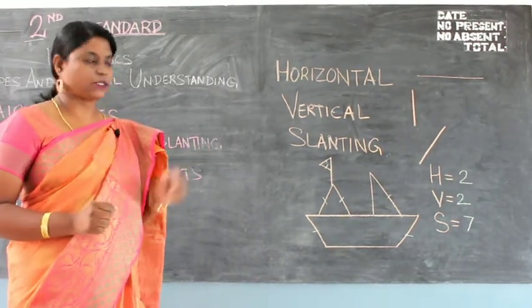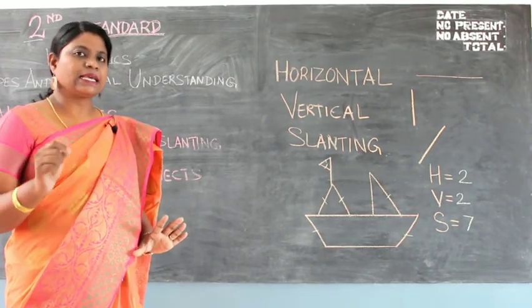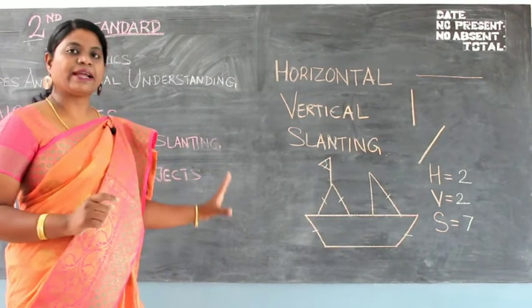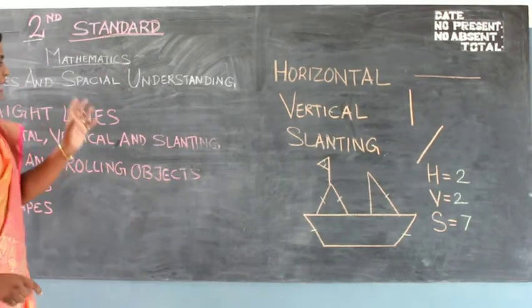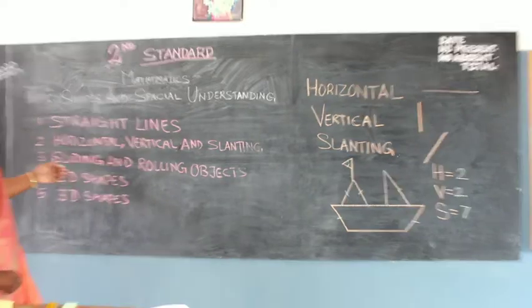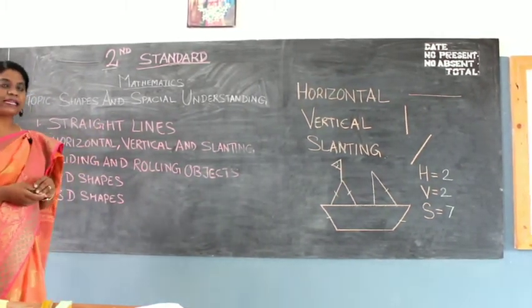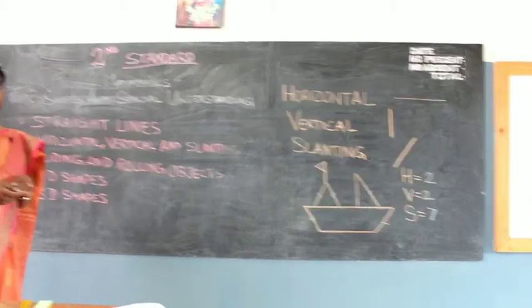Now here it is explained well. So I hope any doubts you had earlier are clarified now. Okay, so now we'll move on to our third topic, which is sliding and rolling objects. Please have a look at that and understand the concept, and we'll move on to the next one.